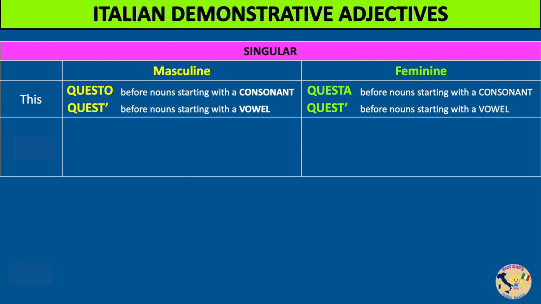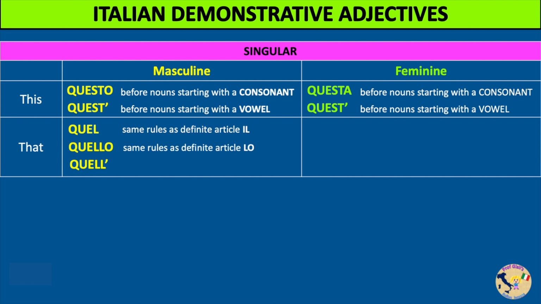The English demonstrative adjective that can be expressed in Italian with three masculine forms: quel, quello, quell'. The peculiarity of these adjective forms is that they follow the same rules of Italian masculine definite articles. So adjective quel behaves like definite article il and is used before nouns starting with a consonant.